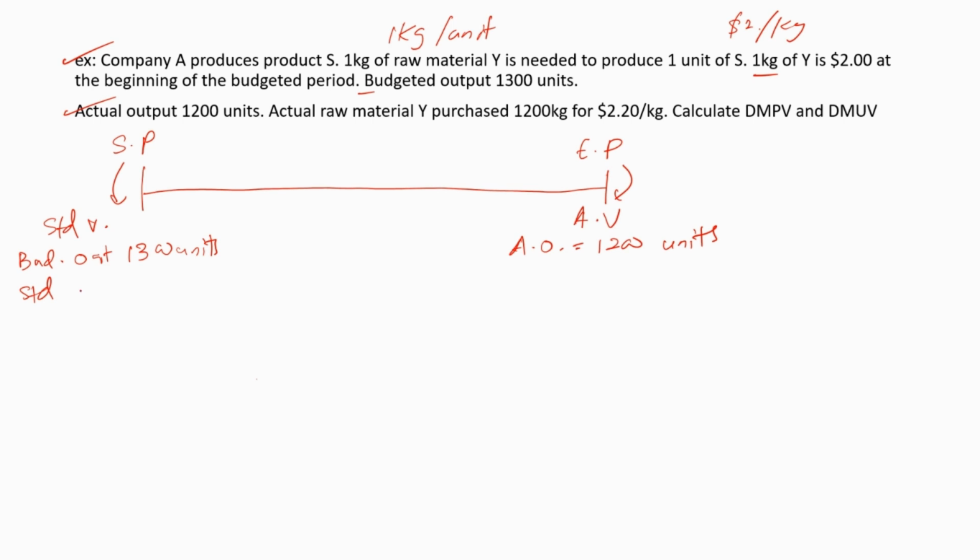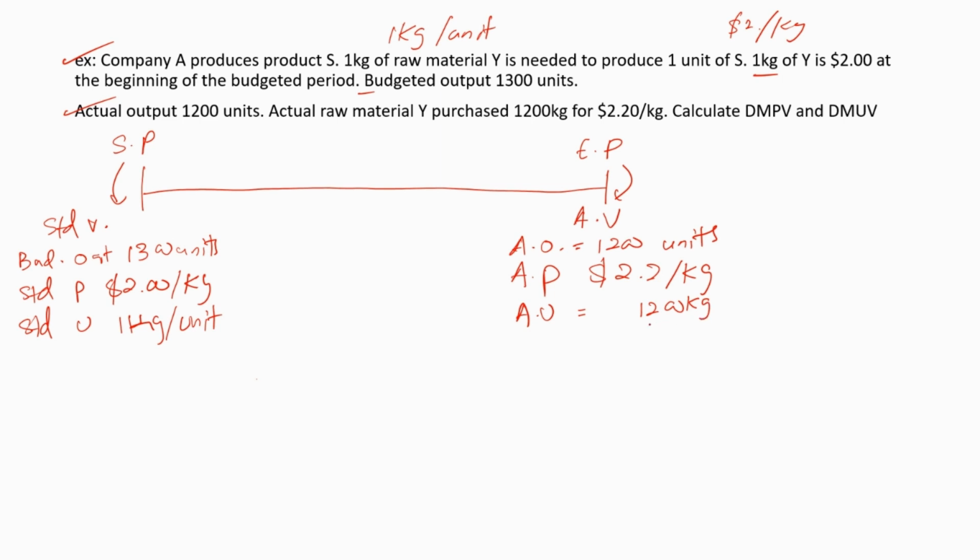Standard price of the raw material is equal to $2 per kilogram, whereas actual price of the raw material is equal to $2.2 per kilogram, and the standard usage per unit is equal to 1 kilogram per unit. Actual usage is equal to 1200 kilograms divided by 1200. This is equal to 1 kilogram per unit.